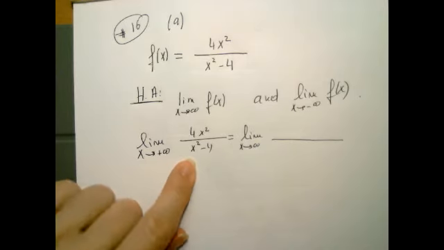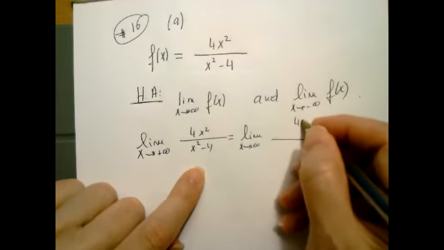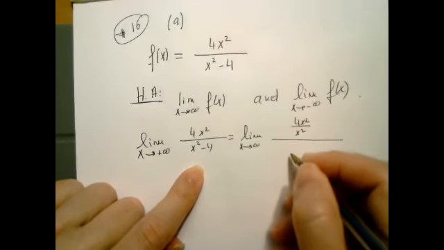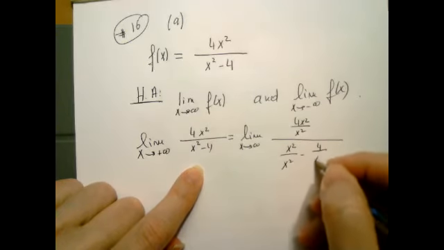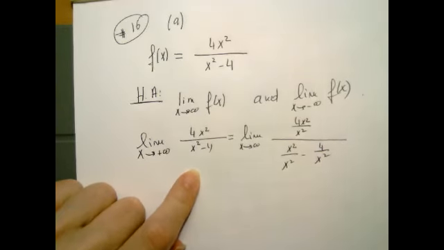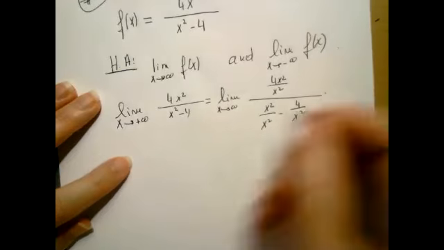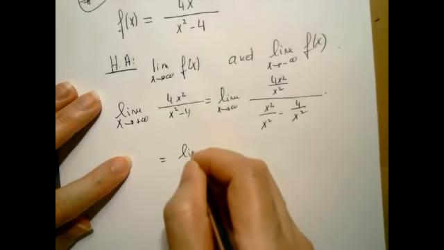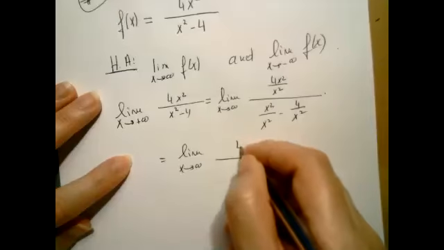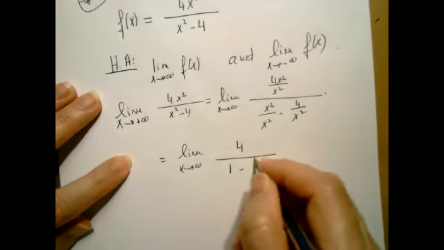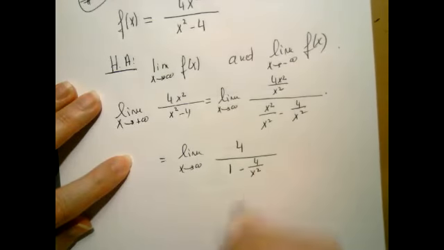So I'm going to divide by x squared. So I will have 4x squared over x squared divided by x squared over x squared minus 4 over x squared. Okay, so this will give me the limit as x goes to infinity of 4 up here, 1 down here, minus 4 over x squared.